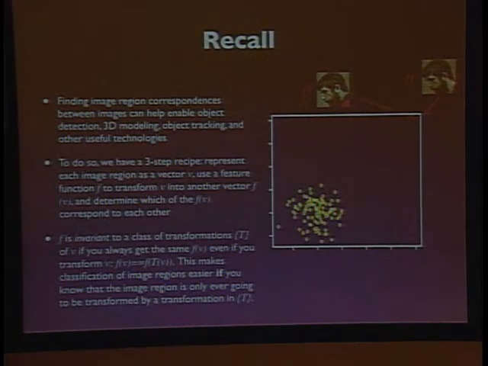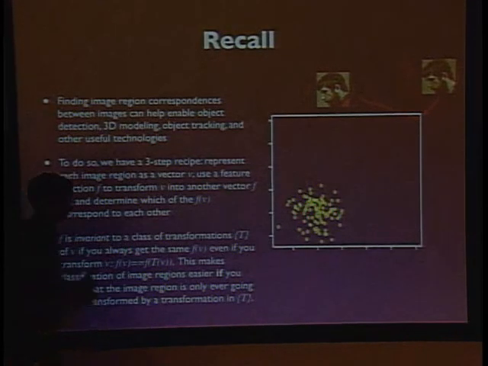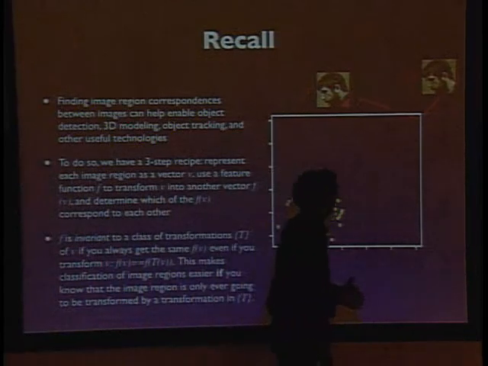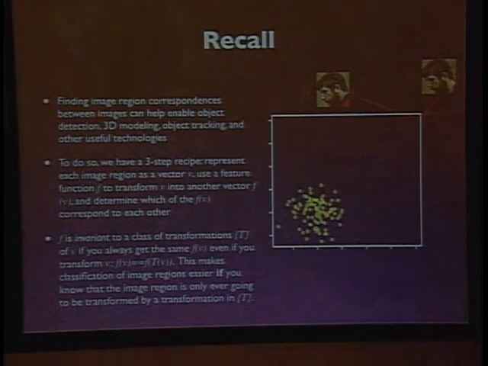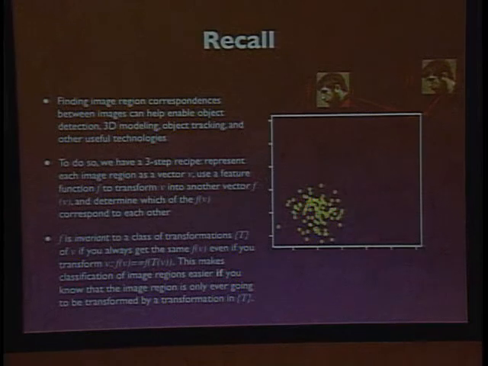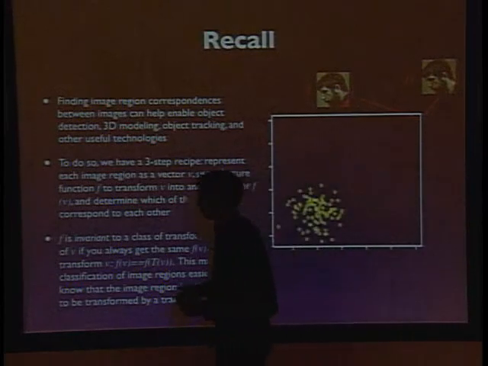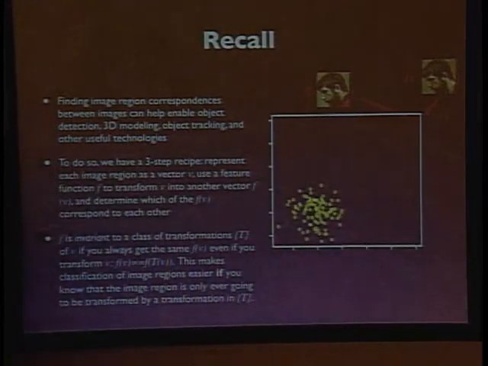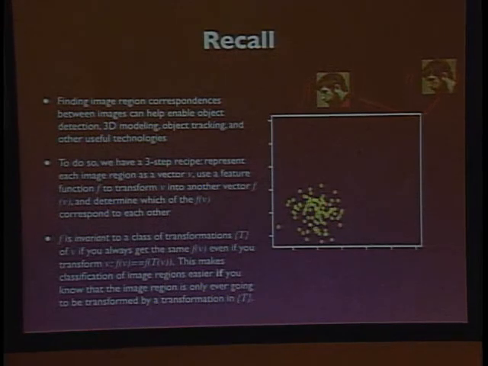One of them was to use what's called an invariant feature function, which is to say you have your feature function, f, which is the thing that maps your image patches to feature vectors. And what I told you is that this feature function is invariant to a set of transformations if, no matter how you transform the image patch with respect to those transformations, you always get the same feature vector out.